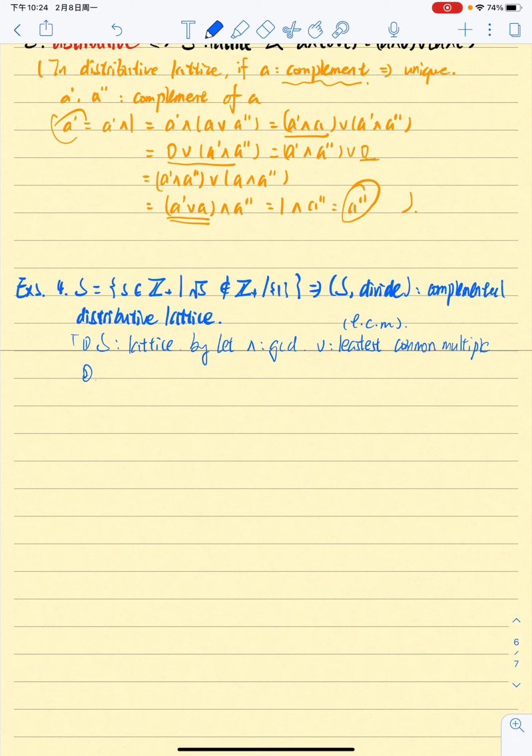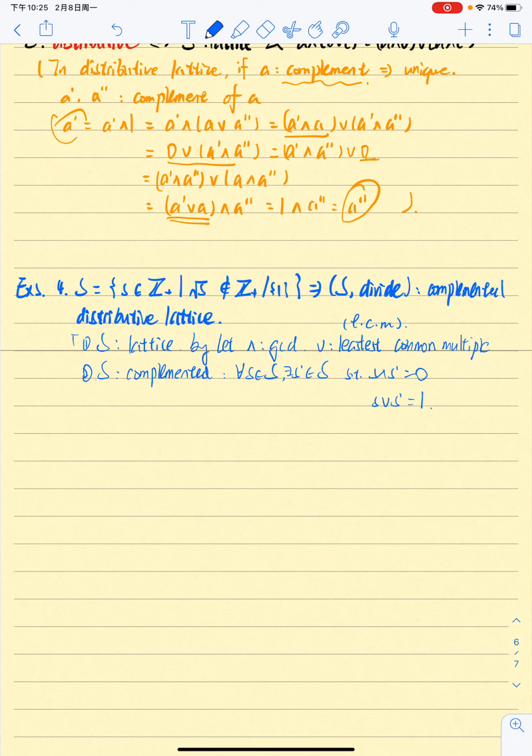And the second one, S is complemented. So let's see for every element, does there exist S prime such that S and S prime is 0 and S or S prime is 1.